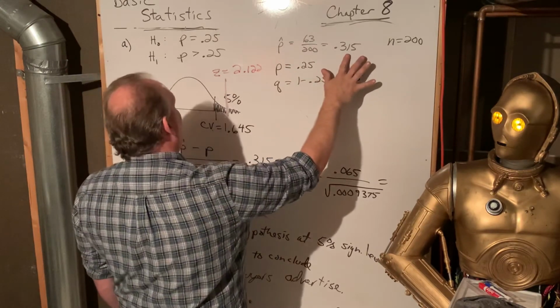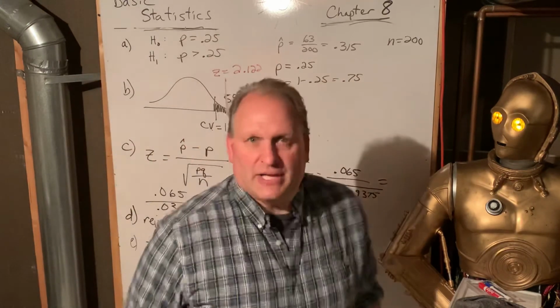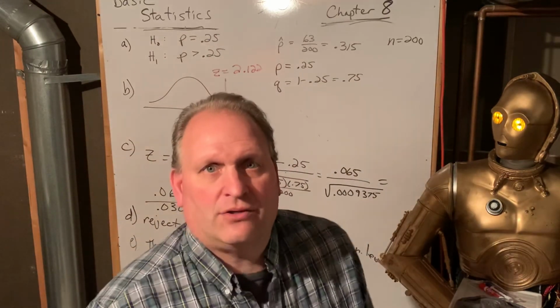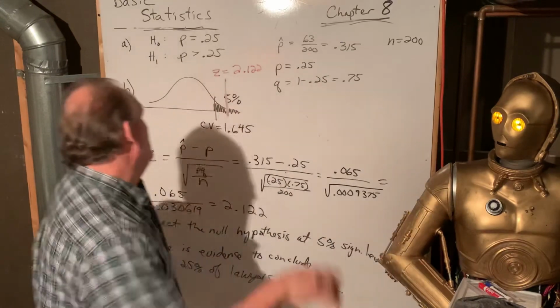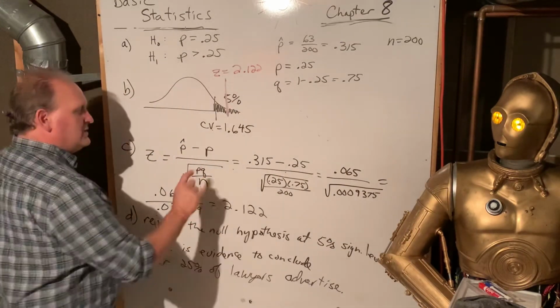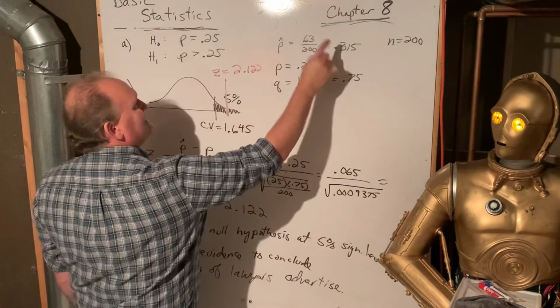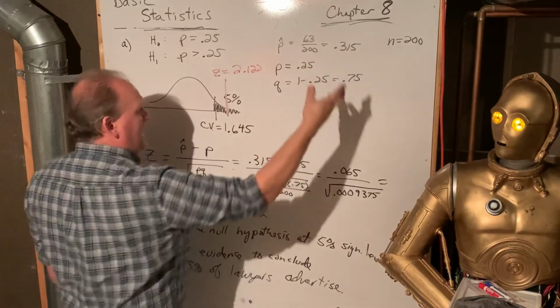That's 31.5%, which is more than 25, so I can just say P is greater than 25. You can't do that. We have to take into account the standard deviation to see if that's significant or not.